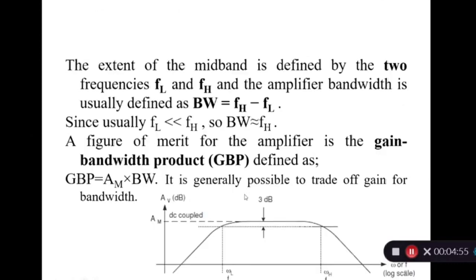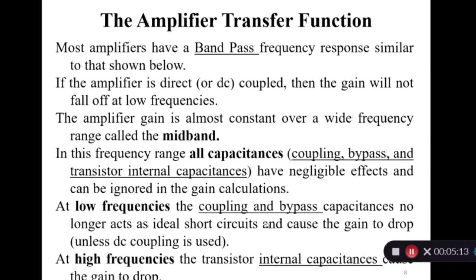What does that mean? If I give you the circuit, you have to calculate AM, FL and FH. The theory is that when you calculate AM, the bypass, coupling and internal capacitors can be neglected. So this is the calculation for mid-band.